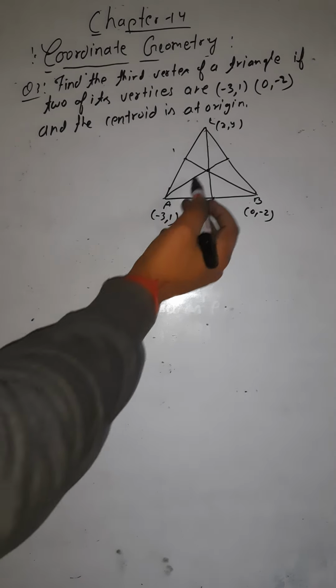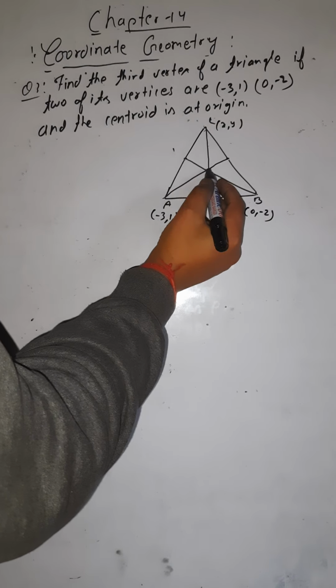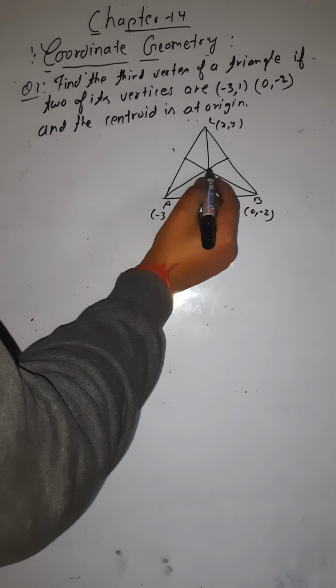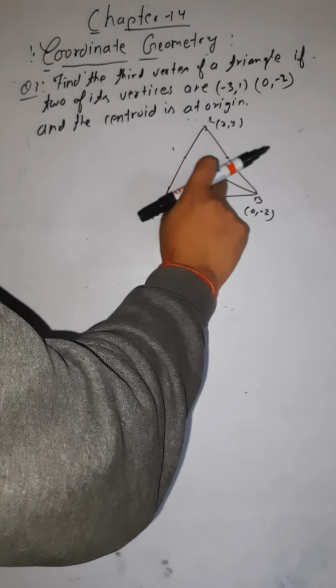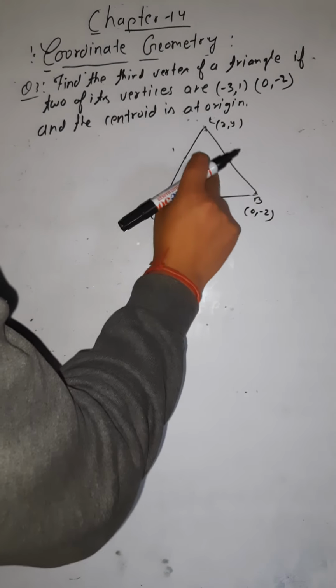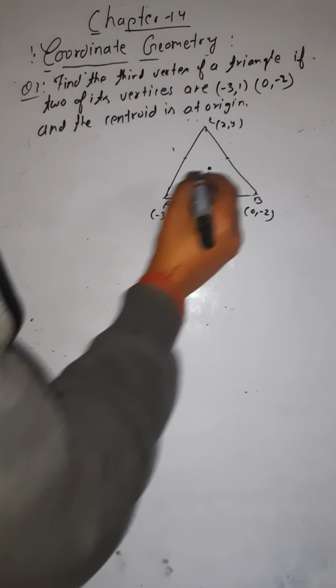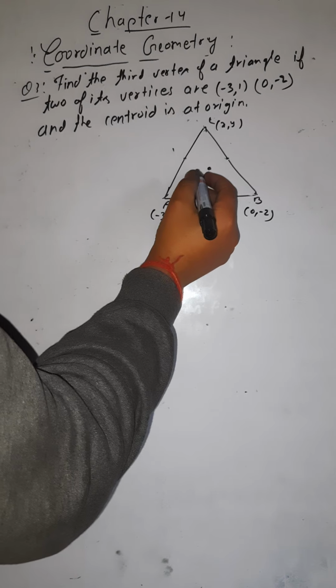This is the first median, the second, and the third. These three medians cut here, so this point is called the centroid of the triangle. Now let me erase all these lines. Let's say this centroid is P.